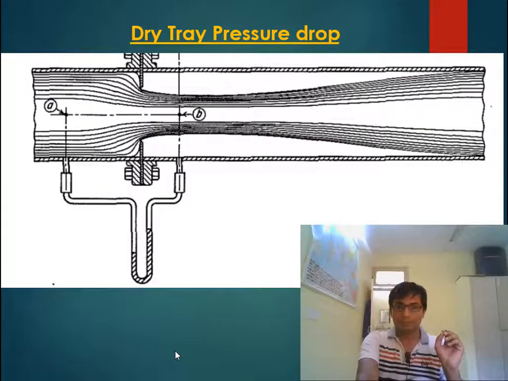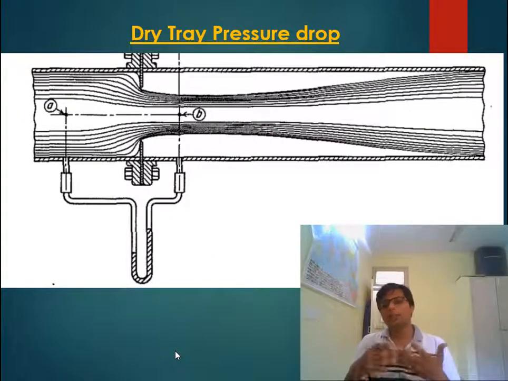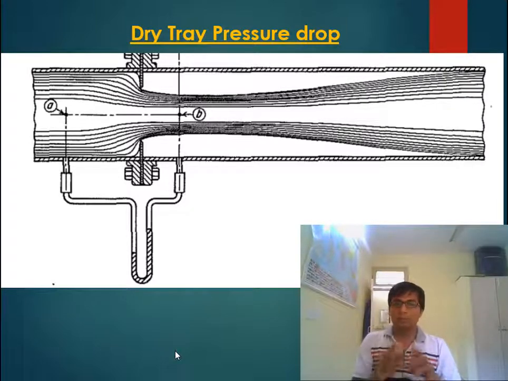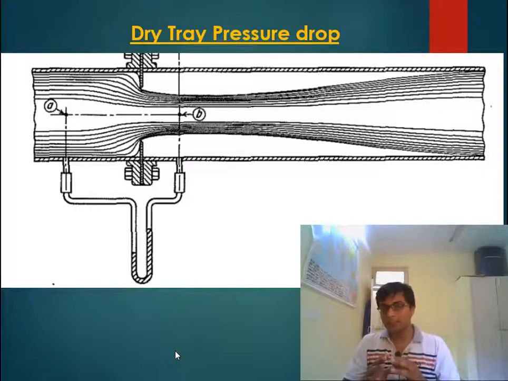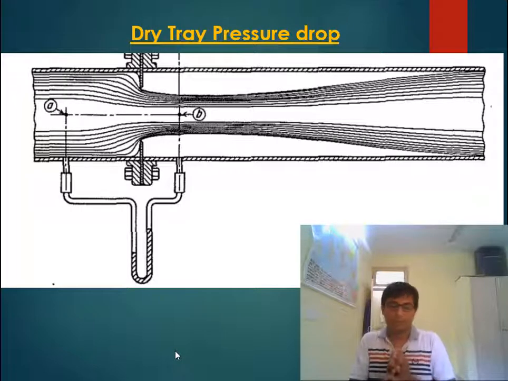Okay. Now let us discuss all these three components one by one numerically. Now the first component is dry tray pressure drop. This pressure drop takes place because the vapor has to pass through different sieves or holes on a tray.